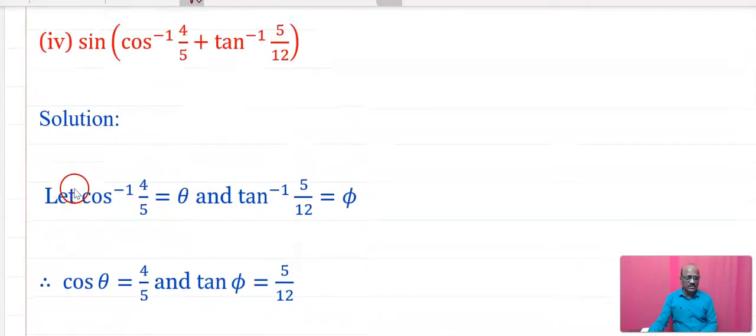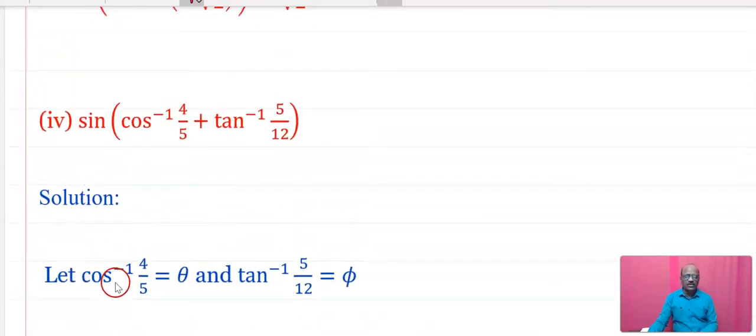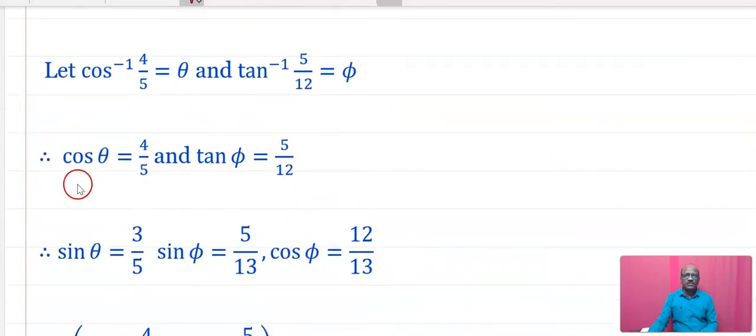Now, consider here: let cos inverse of 4 by 5 be equal to theta and tan inverse of 5 by 12 be equal to phi. Cos of theta is equal to 4 by 5. Tan of phi is equal to 5 by 12. From this, cos theta is 4 by 5 and therefore sin theta is 3 by 5.